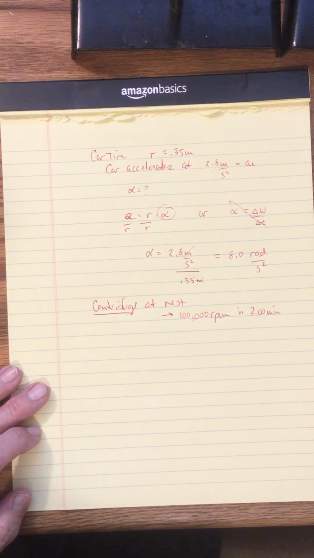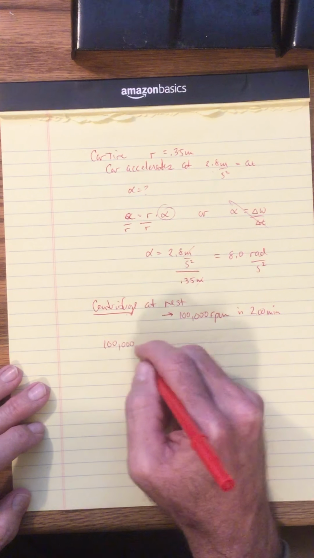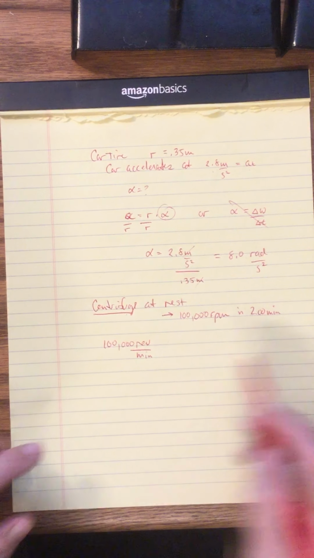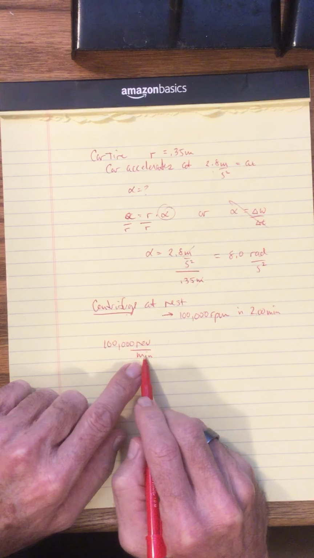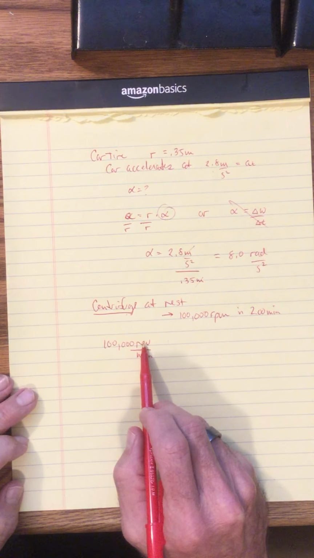Okay, so first let's calculate what I have here. 100,000 revolutions per minute. Well, I have time right here on the bottom, and then I have revolutions on the top.